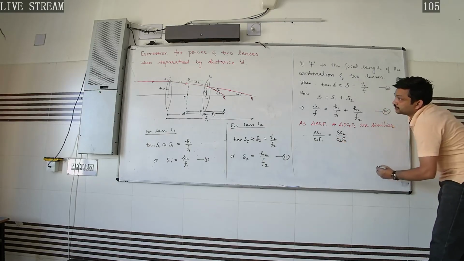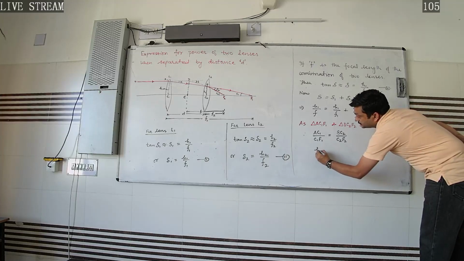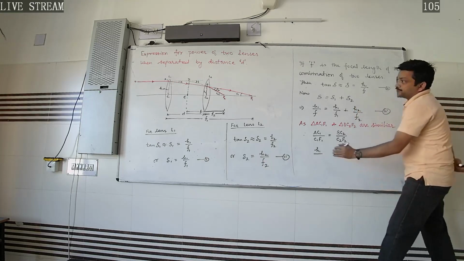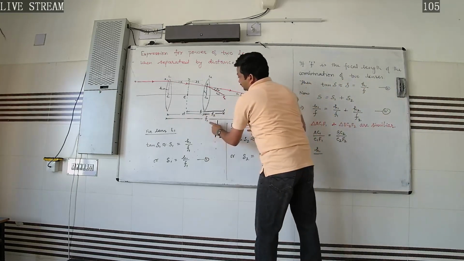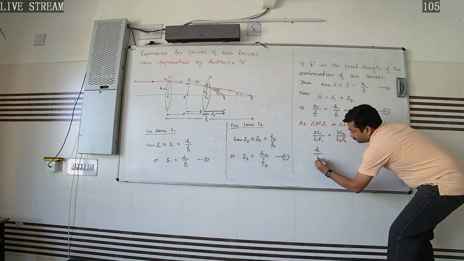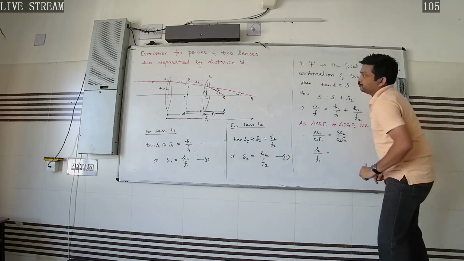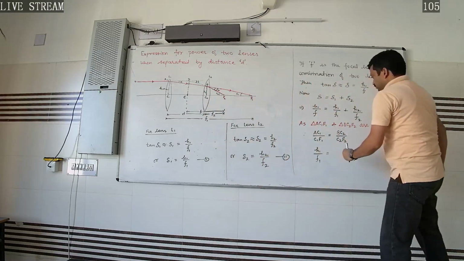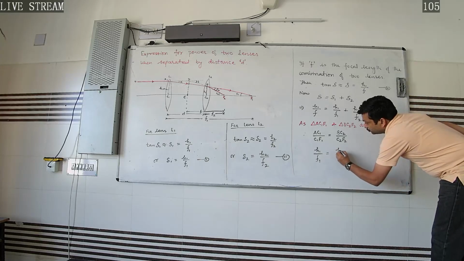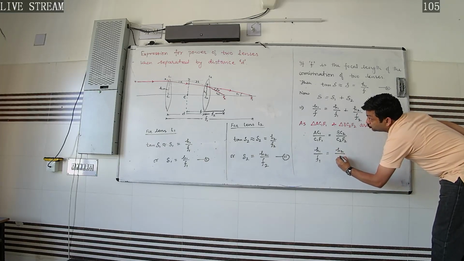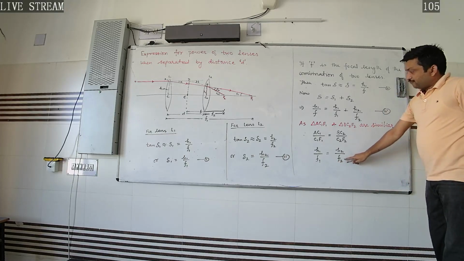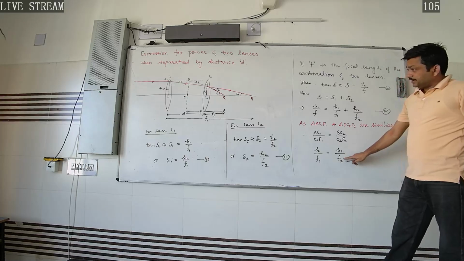And substituting the corresponding values, AC1 is equal to H1 over C1F1. This C1F1 is denoted by F1, and it is equal to BC2 over C2F2. BC2 is H2 and C2F2 is F2. So I am writing here H2 over F2. Now if I replace this F2, I can write this in terms of F1.